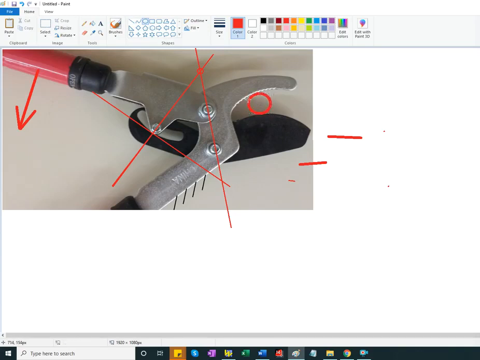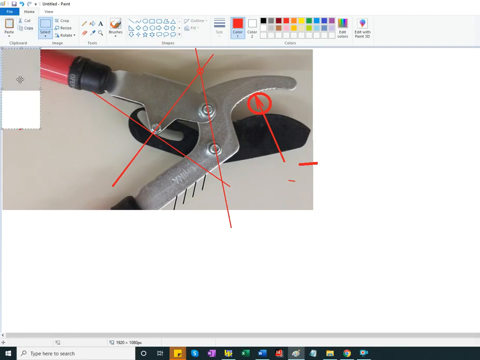So I have a branch and I'm cutting, and I can tell the resistant force to cutting. Okay, so imagine you work for Fiskars. It's an American company that manufactures this kind of gardening equipment, a number of products for home and garden.